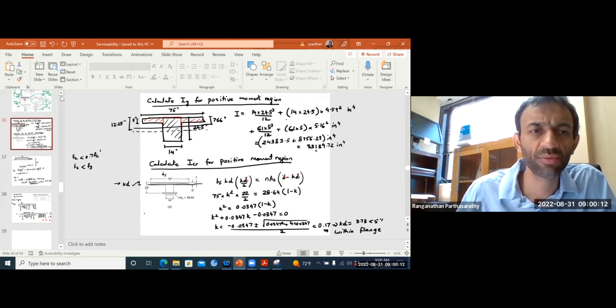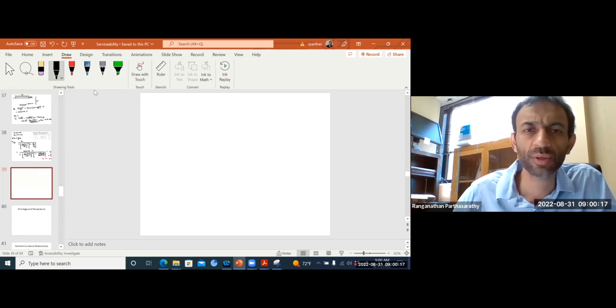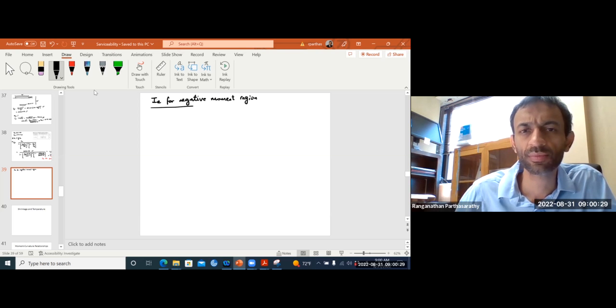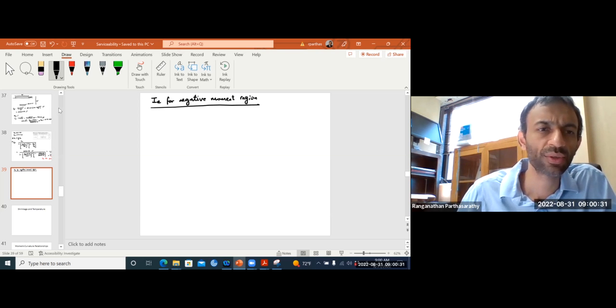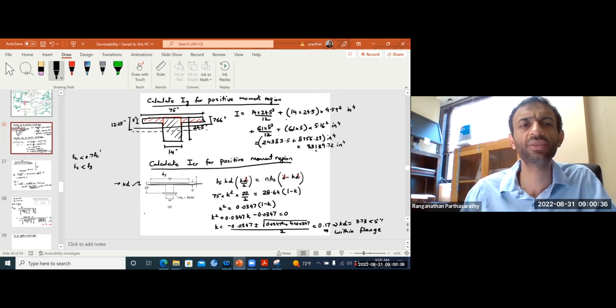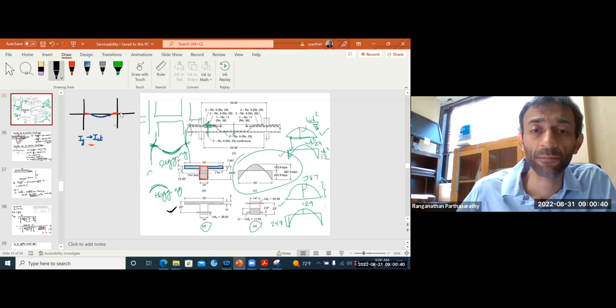So for the negative moment region, let's do that now. Like we said, we are going to ignore the flange since the flange is under tension. So we will only take this rectangular block.